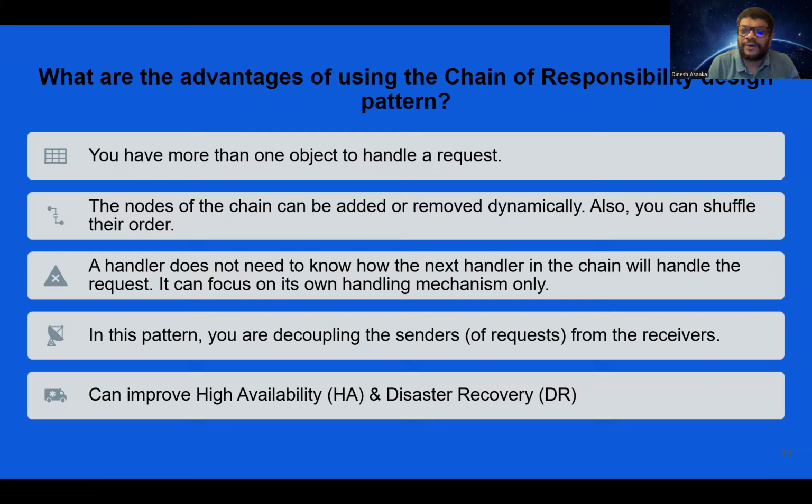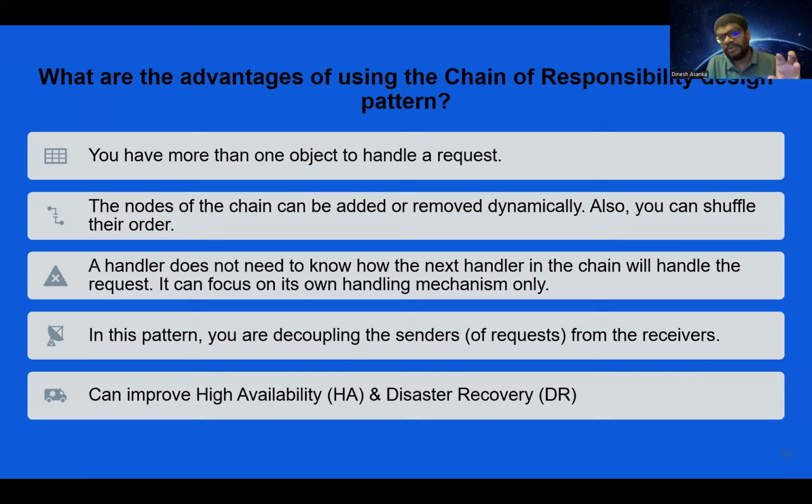Right? So what are the advantages of using the chain of responsibility design pattern? Now, the good thing is you have no more than one object handling a request. You have a chain of responsibilities. So there are multiple handlers that can handle your request. Another important thing is these handlers need not be static.